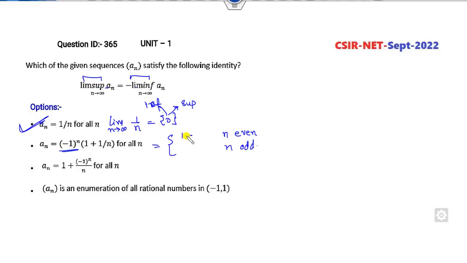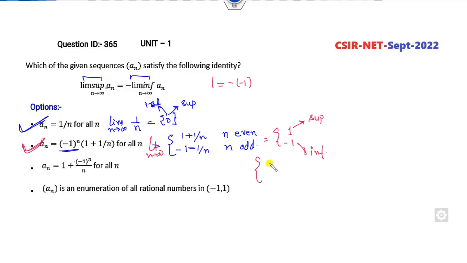When n is even, it will be plus, when n is odd, it will be minus. Now take the limits as n approaches infinity. What is my answer? It is +1 and -1. +1 is my supremum, this is my infimum. So 1 is the negative of -1, satisfied. This is also a right answer.